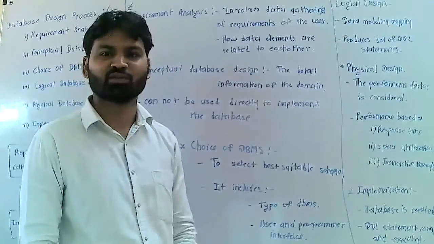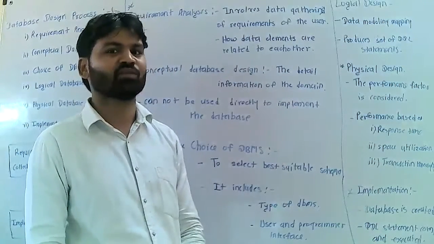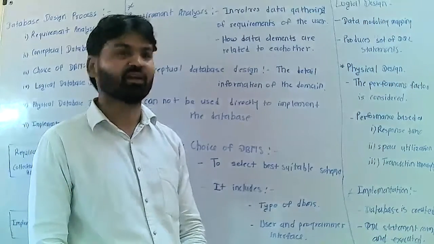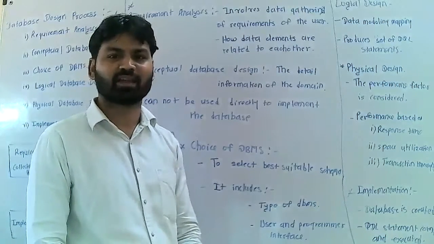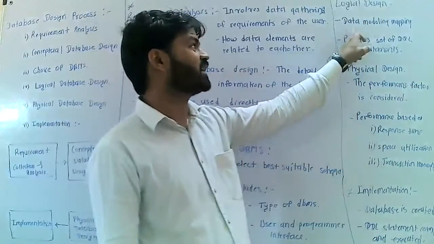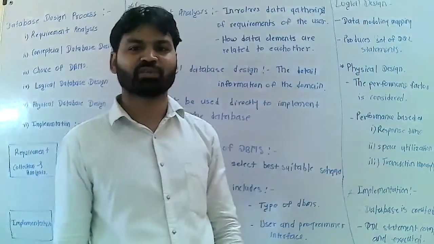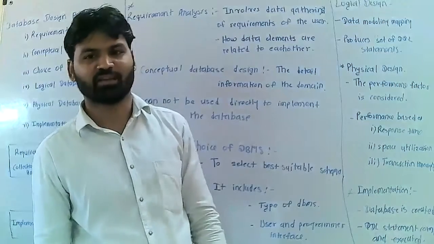These are the different types of data models. You have to design a proper data model for your database design. In data modeling mapping, you have to map all the data objects with your data model.